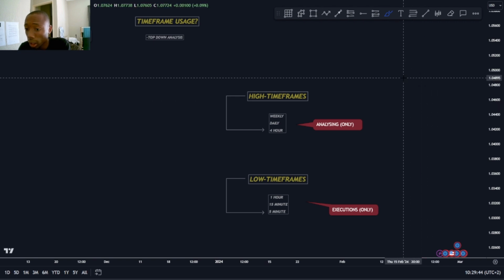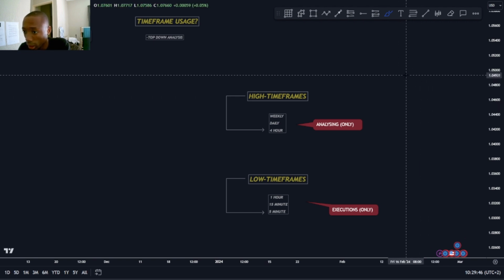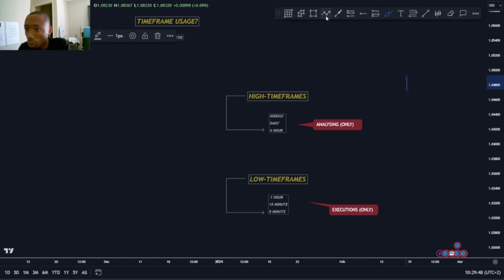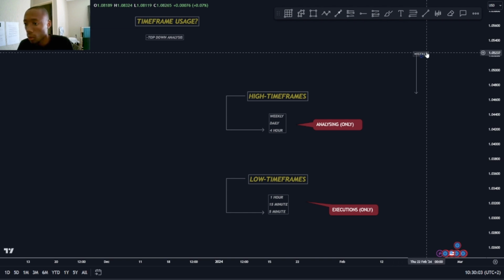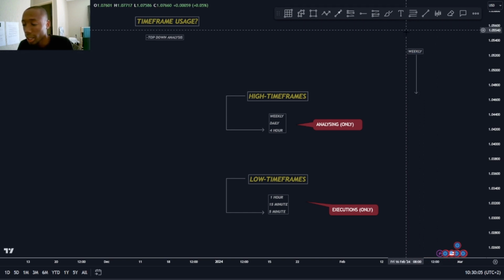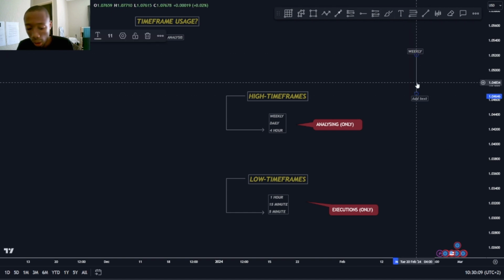So let's say I've analyzed the weekly. Let's say my weekly is making sense, right? Then this allows me to go to the daily, right?